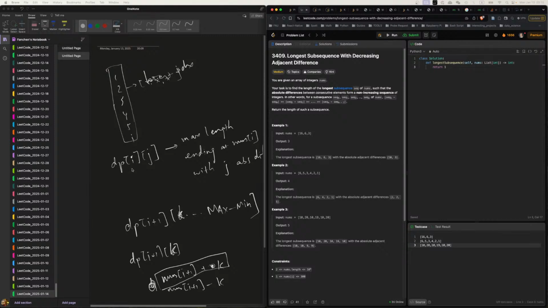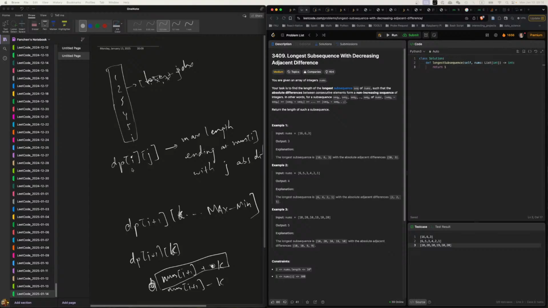Hold on, let me think again. In position 2, I go through all the differences I can create. For each difference, I find the previous and see if it's available, right? And one of them will be available, and that one will say the length is 1.